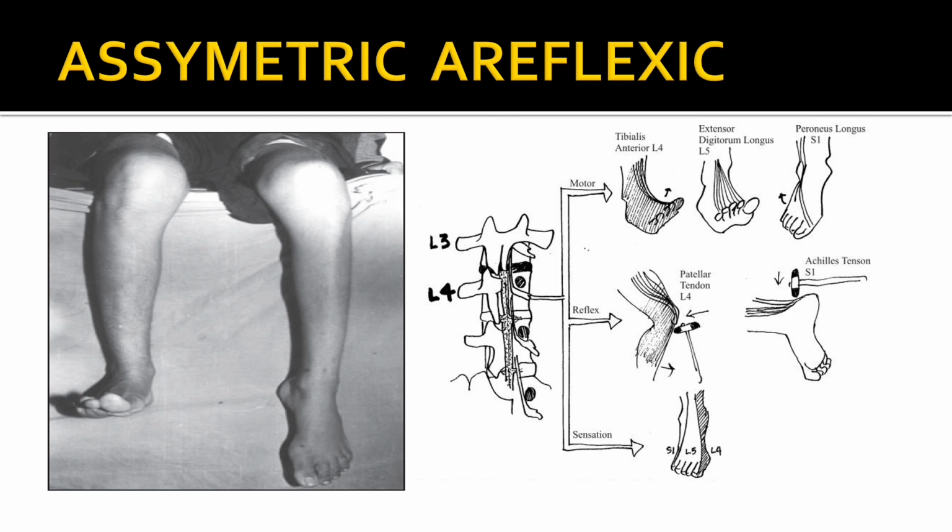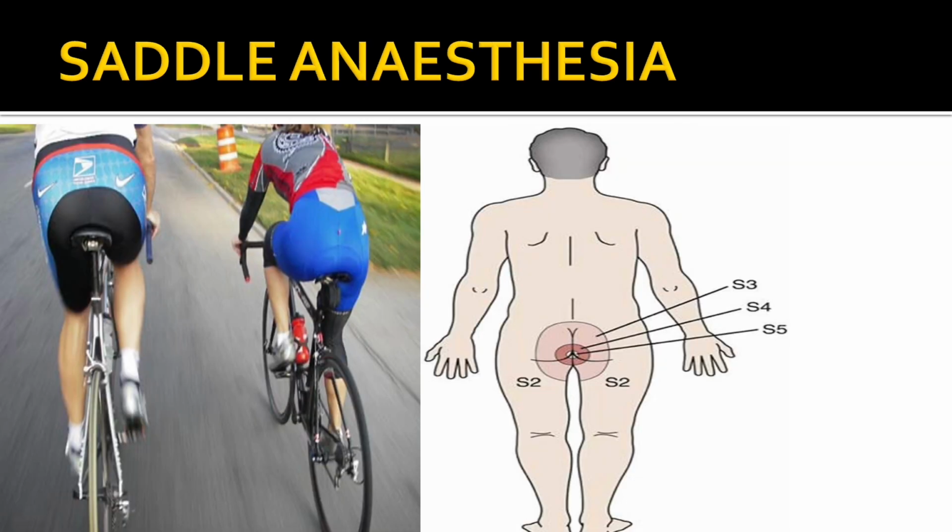And as mentioned, this is an asymmetrical areflexic paralysis. That is the most important thing. The Cauda Equina is an asymmetric areflexic paralysis. The reflexes involved are usually the ankle jerk and the knee jerk, and there will be wasting and weakness which is asymmetrical. Remember the term asymmetric areflexic paralysis.